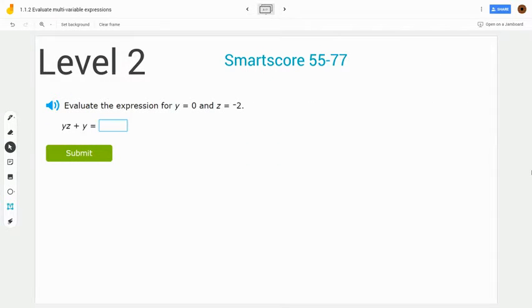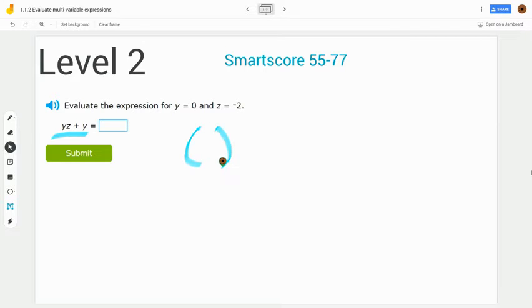Now, a level 2 problem, notice that we've got yz plus y. So we've got a couple things going on here. So there's going to be 2 steps in solving this one after we plug it in. So just writing this out with parentheses, so there's no numbers that we see yet. So it's going to look like all parentheses at first.